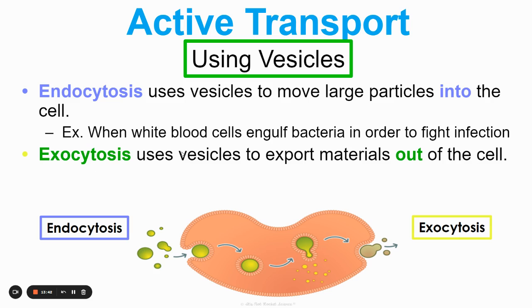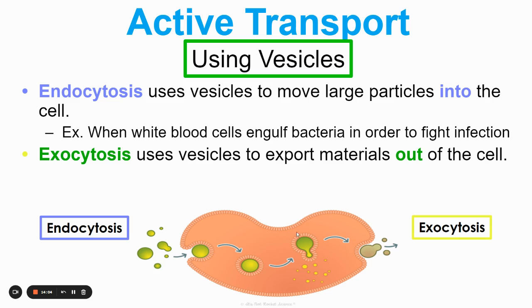Okay, so the opposite, where something's exiting a cell, is called exocytosis. And this happens when a cell is creating a product that is too big to get out of the cell, it doesn't fit through a cell protein channel, and it just needs to get out.